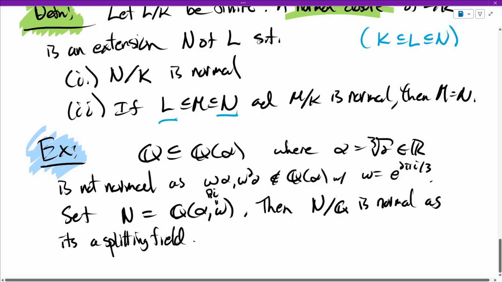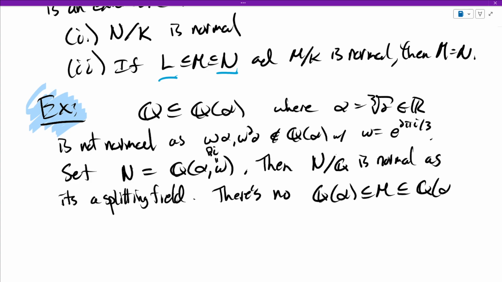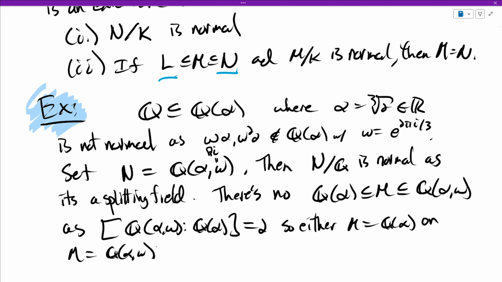Let me say that a little bit more mathematically. There's no smaller extension, so there's no M that sits in between them, as the degree of Q adjoin alpha, omega over Q adjoin alpha is 2. So either M is Q adjoin alpha, in which case it would not be normal, or M is Q adjoin alpha, omega, in which case we have the smallest condition.